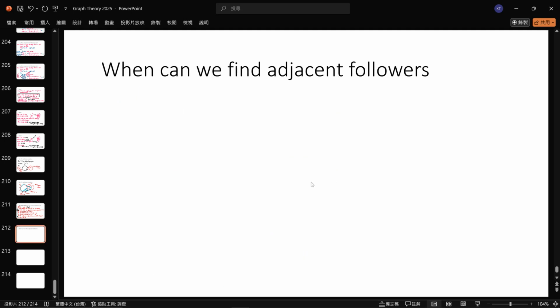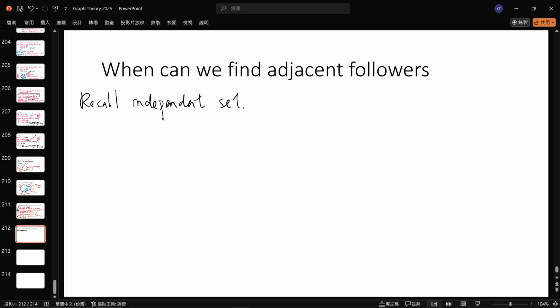To find adjacent followers, it's like you're given a set and you want to know when this set has an edge. To find these adjacent followers, we will consider independent set. Recall what is an independent set.